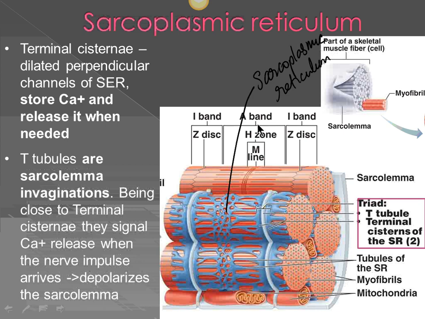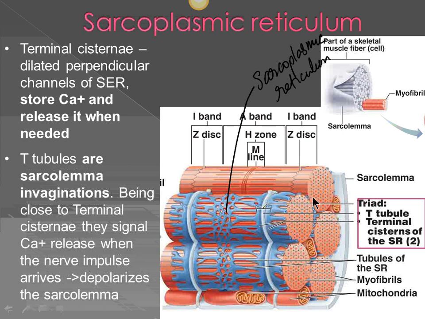What happens to this sarcoplasmic reticulum? If you just look at this picture, around the center of a sarcomere, this sarcoplasmic reticulum is kind of like a network. When it goes towards the periphery, at the junction of the A and the I band, this sarcoplasmic reticulum gets dilated. So that's a dilated channel which runs perpendicularly, in this vertical fashion. Can you see this dilated channel here, and this dilated channel here?